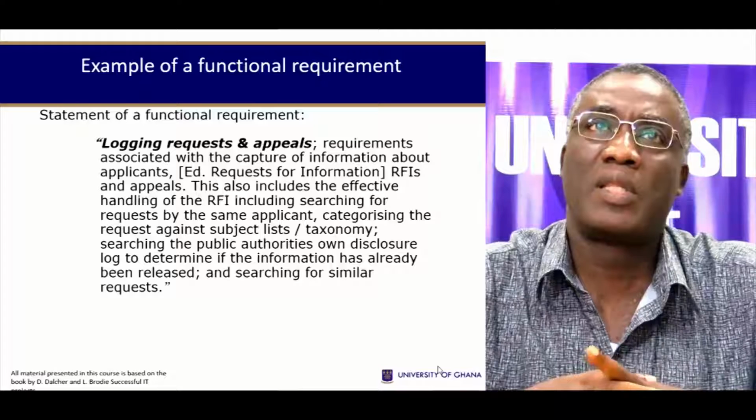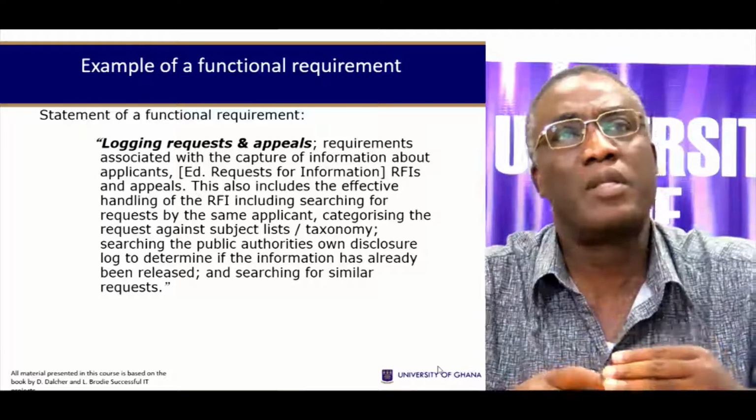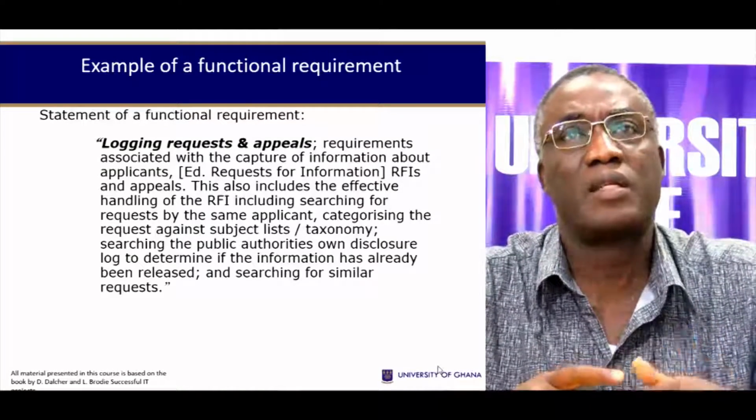So that's an example of what? A functional requirement: logging requests and appeals. So with your system, you want to be able to log all requests and appeals that have been made.